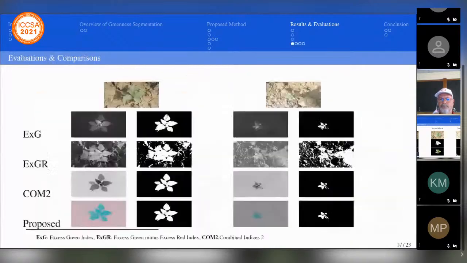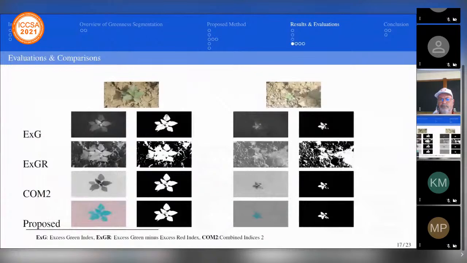The second experiment is done on two images, where we compare our method to the very widely used excess green and Otsu segmentation models: excess green minus red, and COM2.